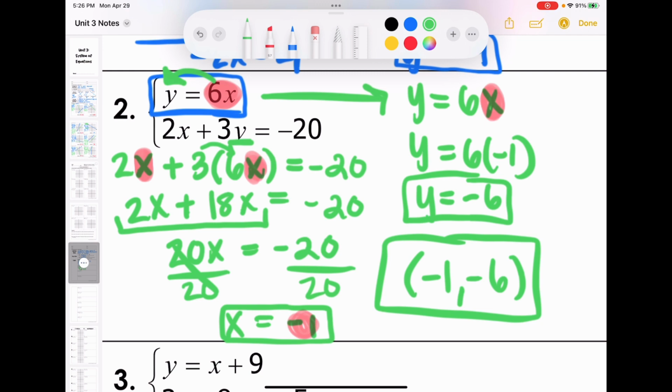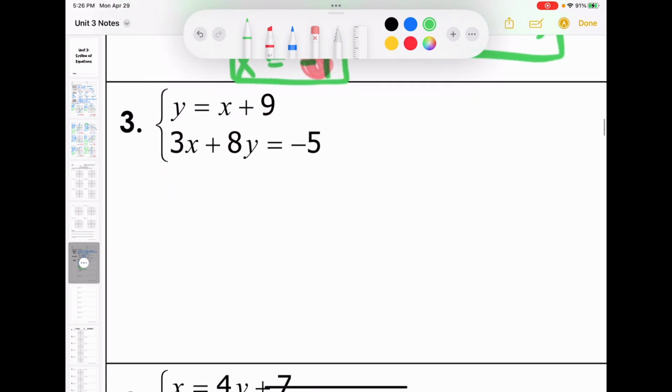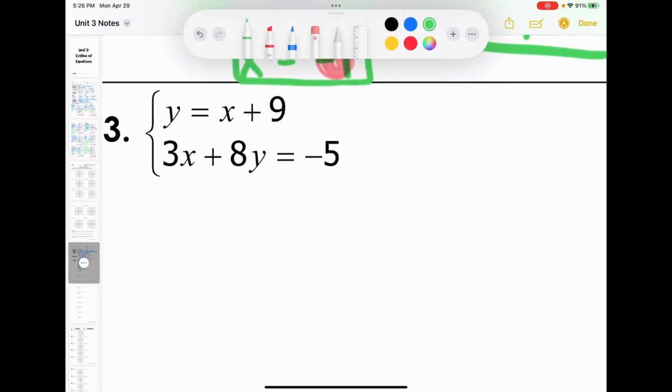All right, looking at number 3. y equals x plus 9 and 3x plus 8y equals negative 5. So step 1, solve one equation for x or for y. Looking at this, we already have that. This first equation, y equals x plus 9, is solved for y.